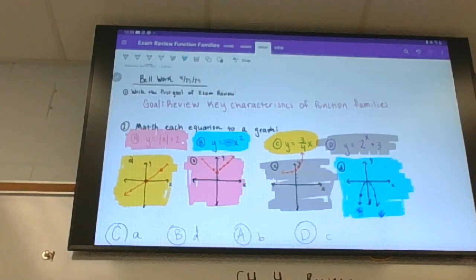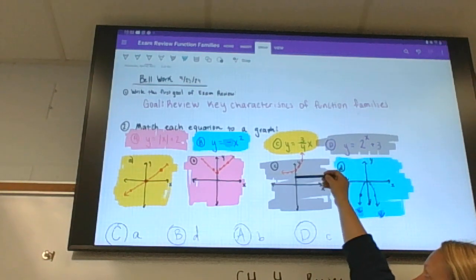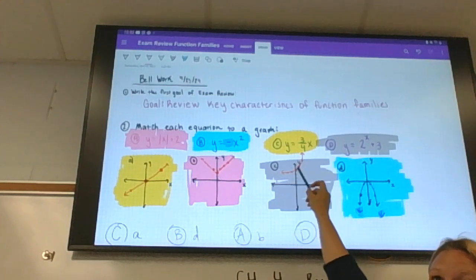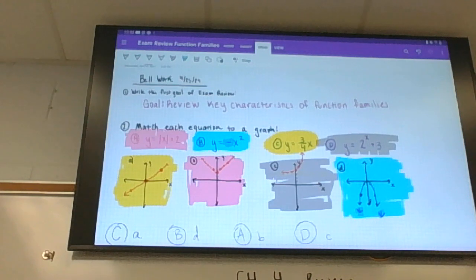D goes with little c. One clue I had is that this says +3, and this one's kind of shifted up 3. I don't know if you can see this yellow dash line, but this is moved up 3. Not going through 3 though, so that's a little confusing.